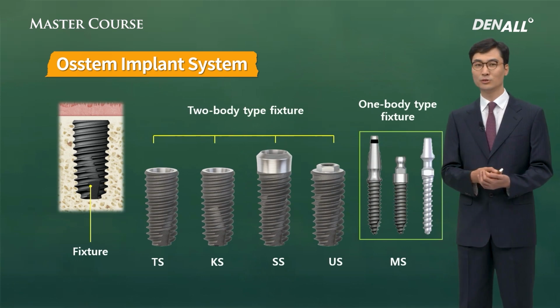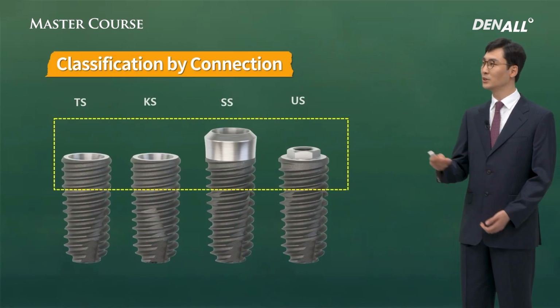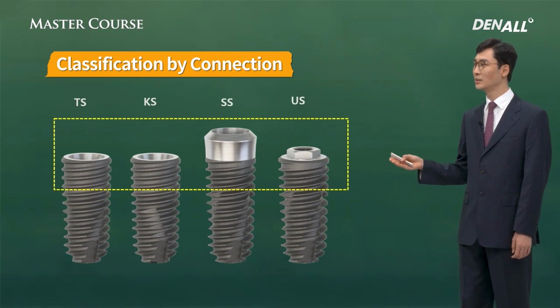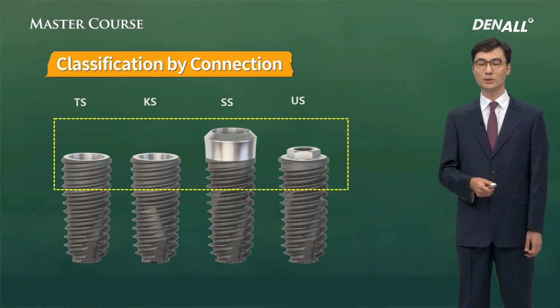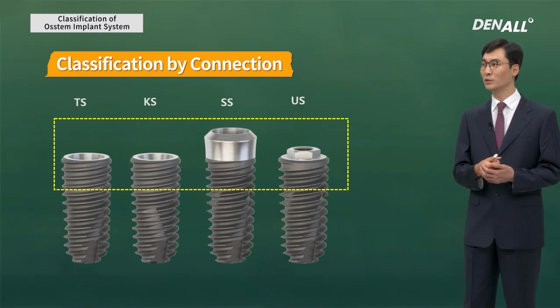The two-piece type implant is more widely used. These are TS, KS, SS, and US from Osstem implant. The implant and abutment are connected together.